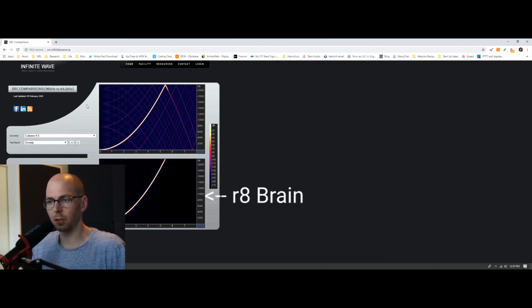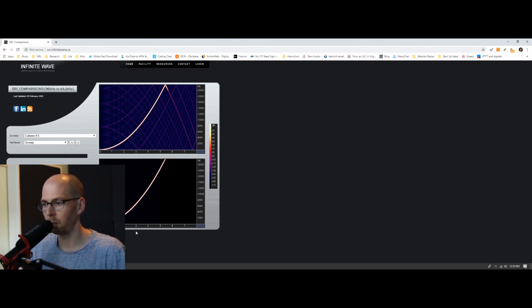So this is comparing a sweep of these two different algorithms. The darker the color means the quieter it is, so the less noise it introduces. So you can see R8Brain is black everywhere, whereas Cubase has all these crazy lines and it's purple everywhere.